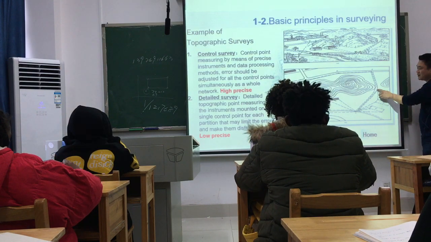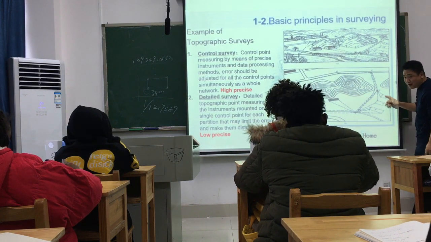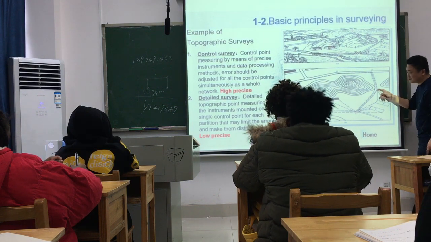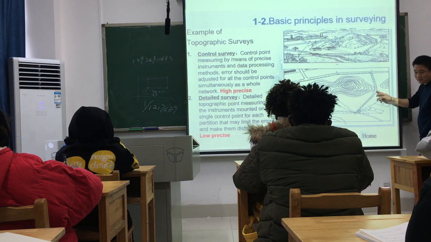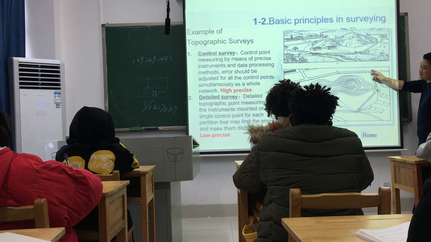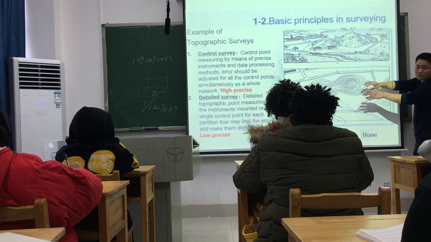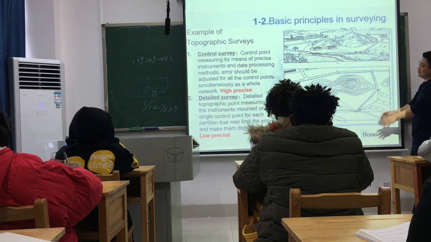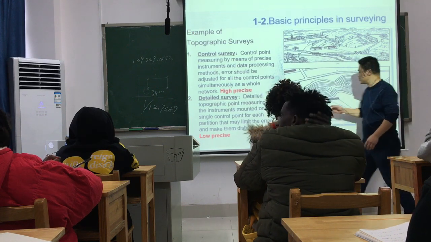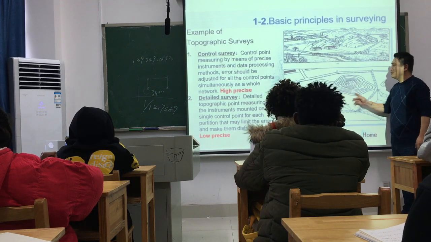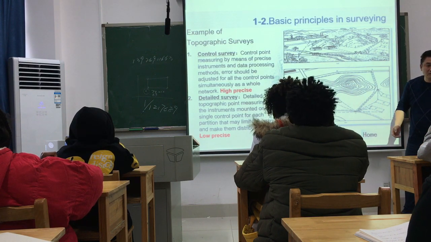Then we base on these control points and use the instrument to survey the small area just around each control point. So we divide this big area into many small areas, and then in each small area we do detailed survey for the shape of the building, for the shape of the hill, for the shape of other features on the ground. Yeah?